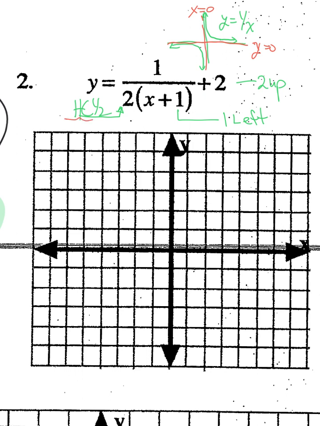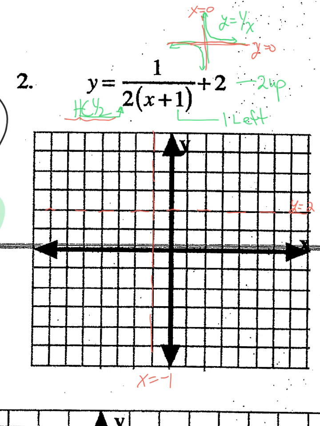So this horizontal compression, multiplying by a half, is still going to give me 0. The horizontal asymptote will move when I put it 2 up, and the vertical one will move when I shift it 1 to the left. Okay, so here are my asymptotes at x equals negative 1 and at y equals 2.